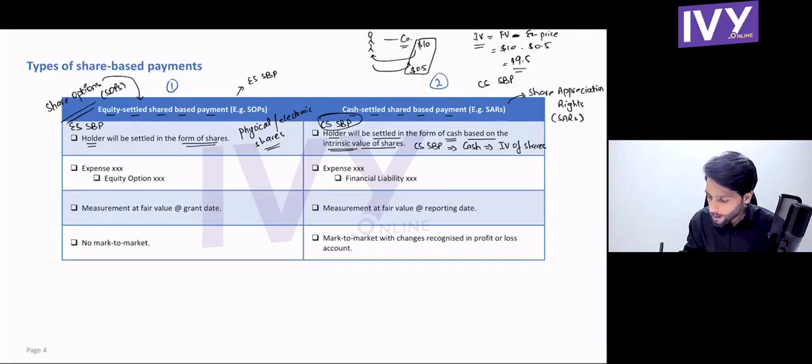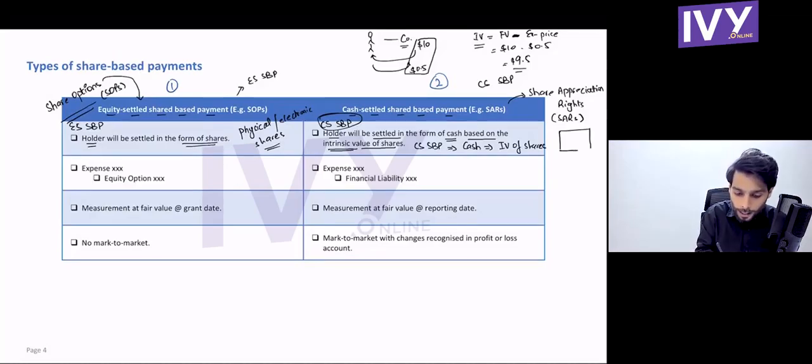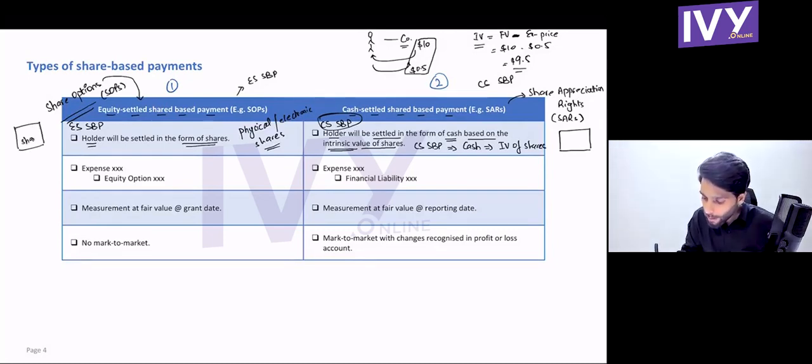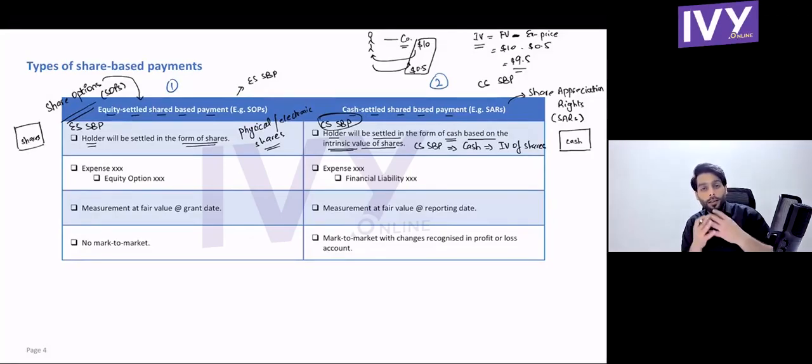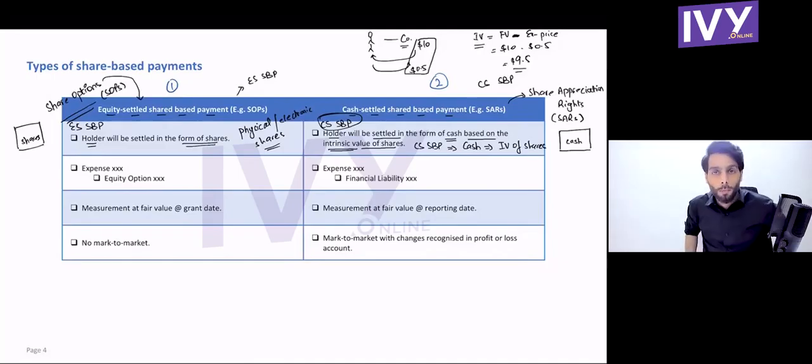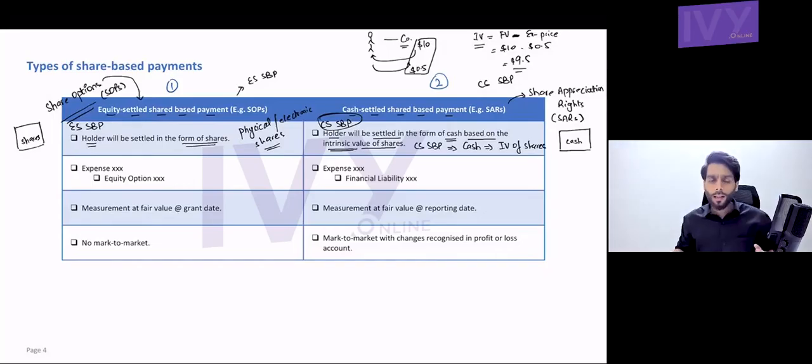A SAR is just a piece of paper like a share option was. But whereas in a share options agreement it was written that we will pay you in the form of shares, in SARs it is written that we will pay you in the form of cash. So both are basically pieces of paper, but the real life market and your examiner distinguish these two types: share options are those agreements in which shares are promised, and SARs are those agreements in which cash is promised. So basically these two are the same agreements but with different payment terms.